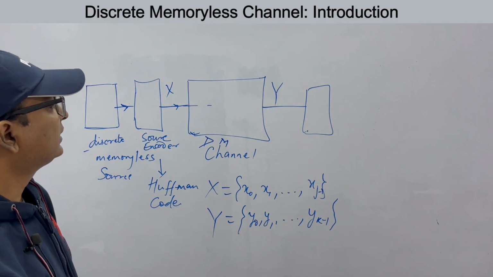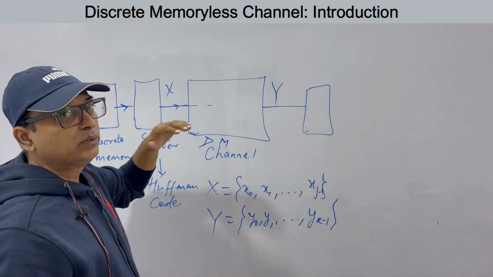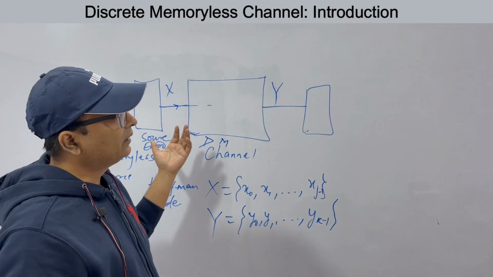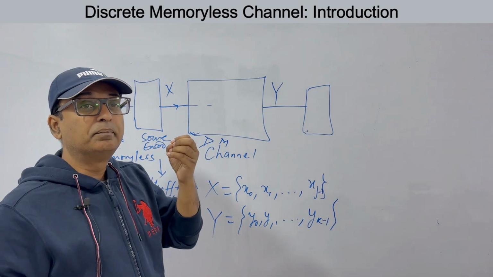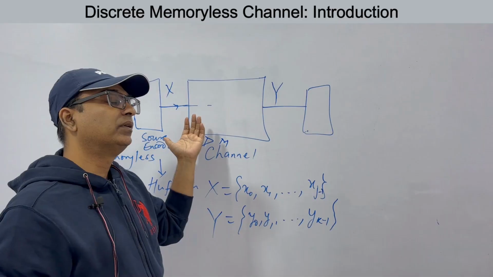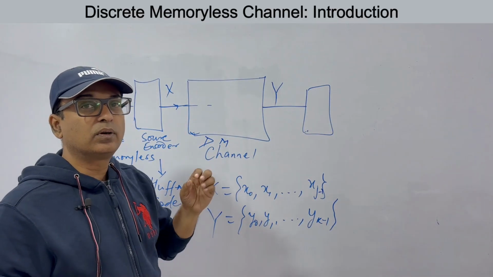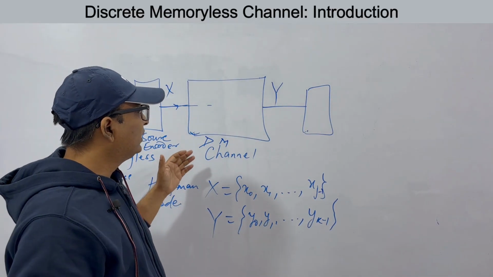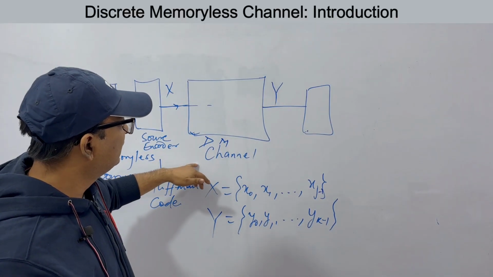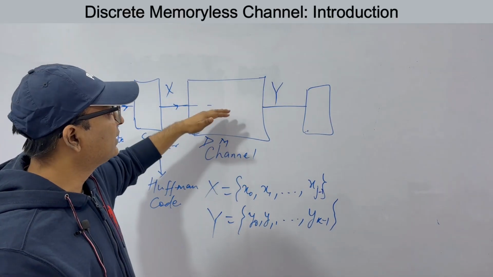Obviously, as in analog communication, you know where noise is added. In analog communication, the main factor for noise addition is the channel. If your message is going through air or through copper cable, most of the noise is added at this point, that is in the channel.